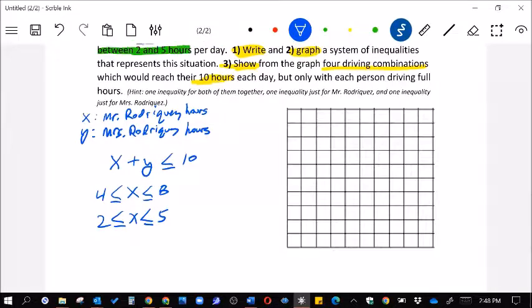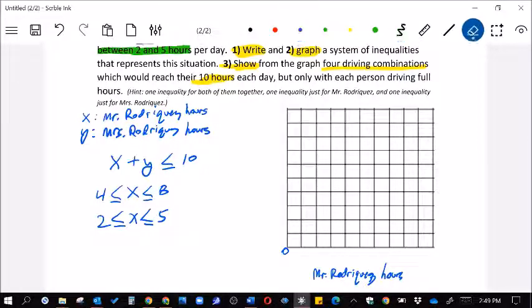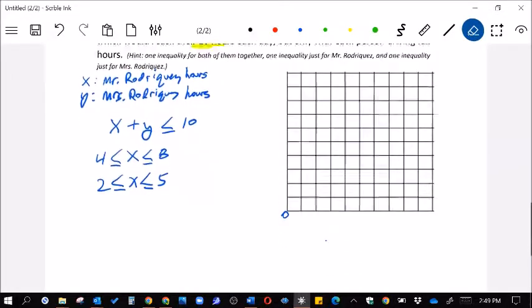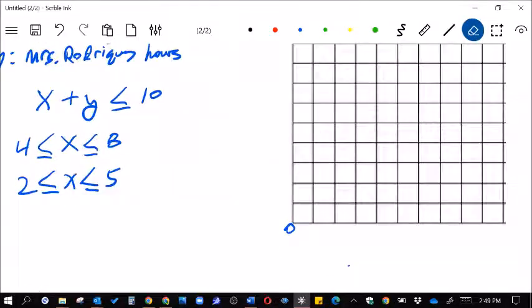Okay, now we're going to graph them, but we have to set up the graph. Since X's are usually on the bottom, I'm going to put 0 there. For the X's, that's Mr. Rodriguez's hours. Ooh, this is not printing out well for me, so let me make it a little larger.